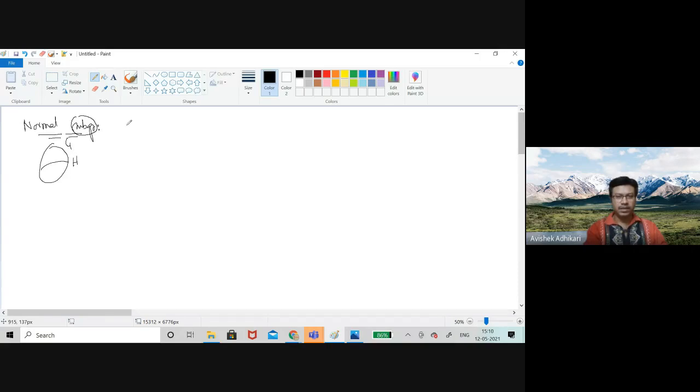So, what does it mean? Suppose G is a group with respect to the operation dot. Then in our last class, we defined what we mean by gH. That means it's a collection of sets g·h such that h belongs to H. That means you are multiplying all the elements of H with g from the left, and that collection is known as gH.